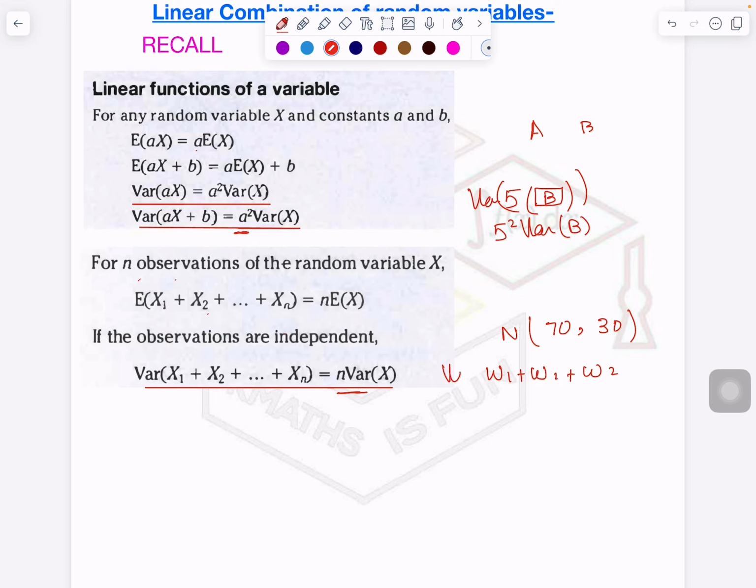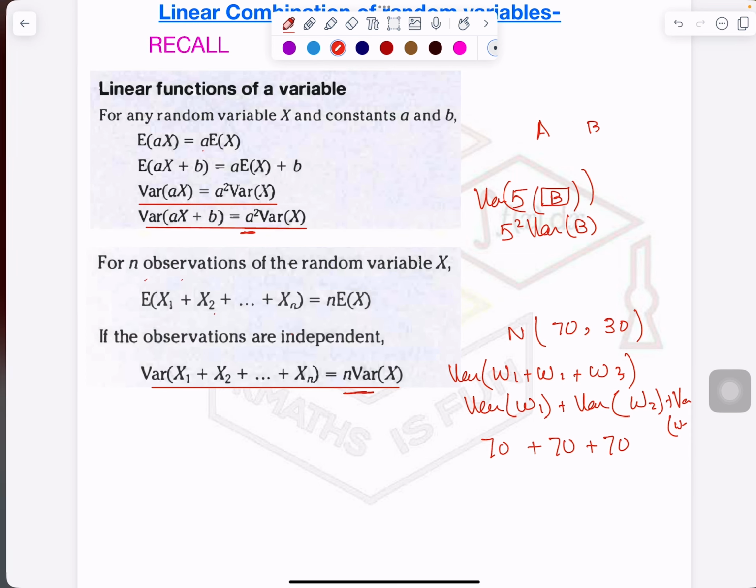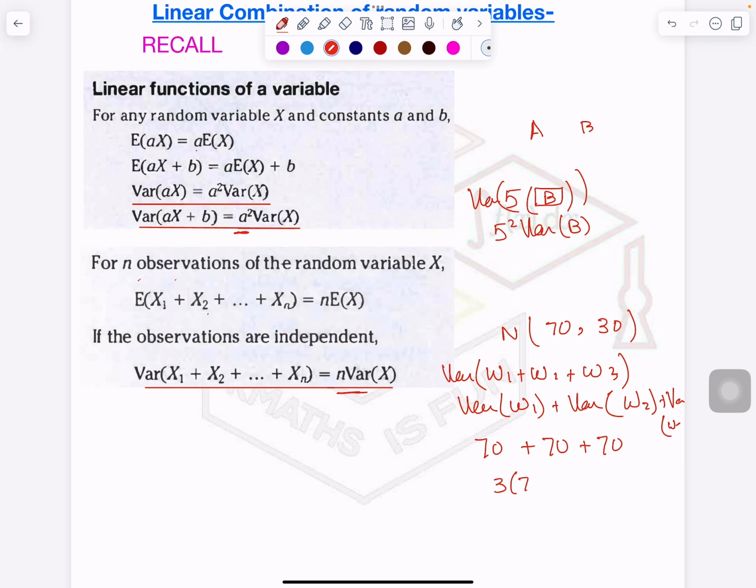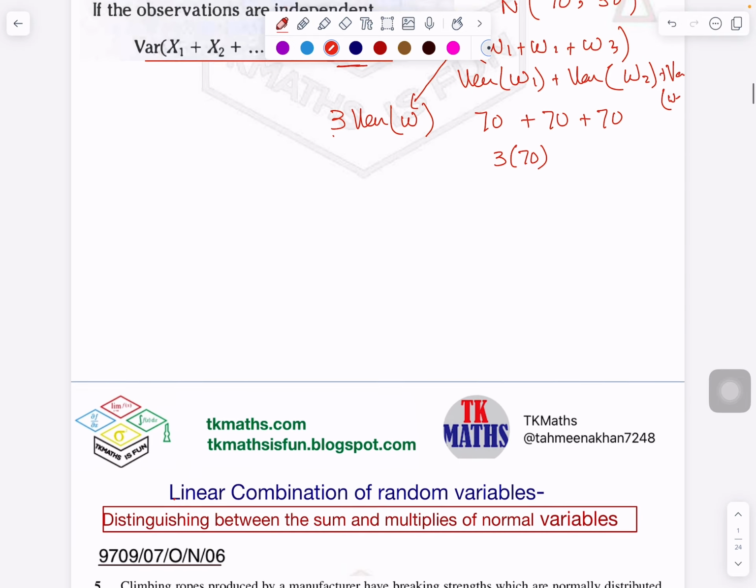If I find the variance of these 3 men, it is the variance of the first person, the second person, and then the third person. So it will be 70 plus 70 plus 70. Either you add up like this, or you can write 3 times 70, so 3 times the variance of weight. You get it? These are independent cases, so in that case I will not square 3.